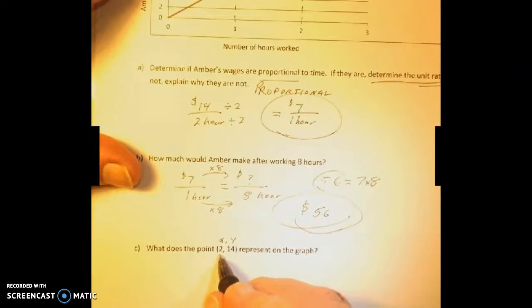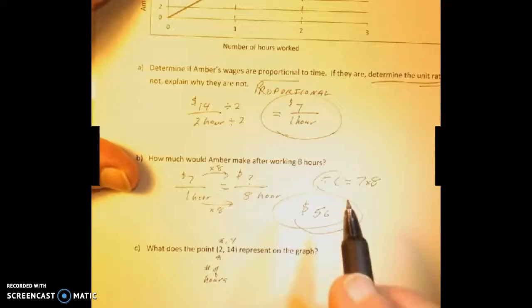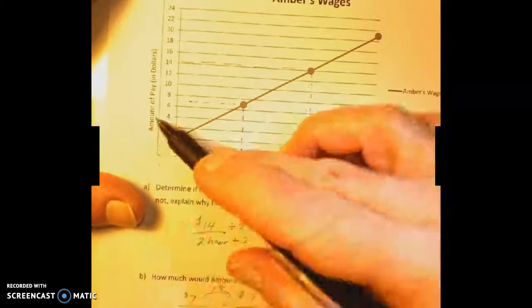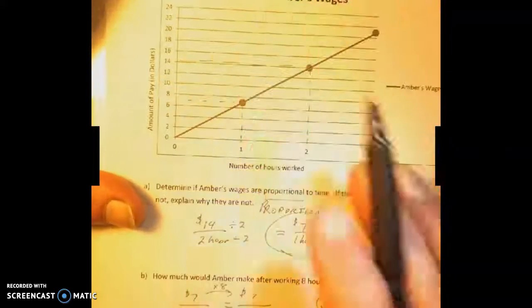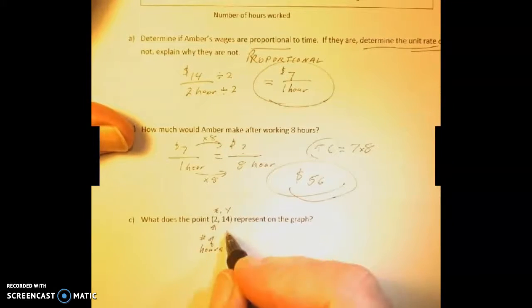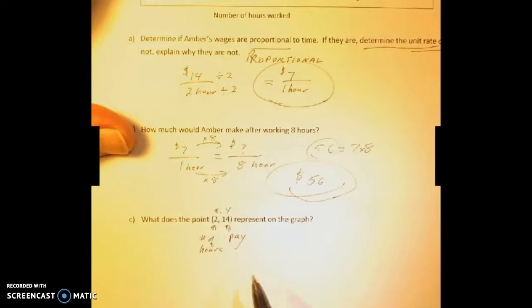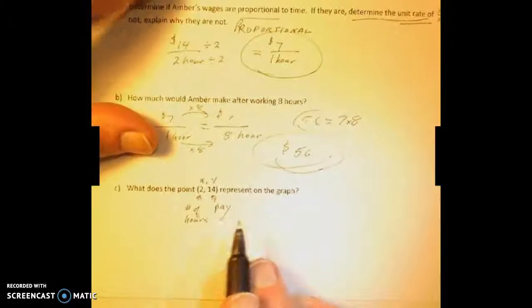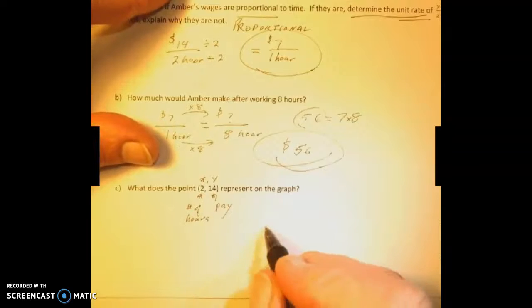So our x-coordinate here is the number of hours she works, and the y-coordinate, looking at your axis, is the amount she gets paid. So this is her pay. No, I don't want you to leave your answer like that. Make a statement. What does it represent?